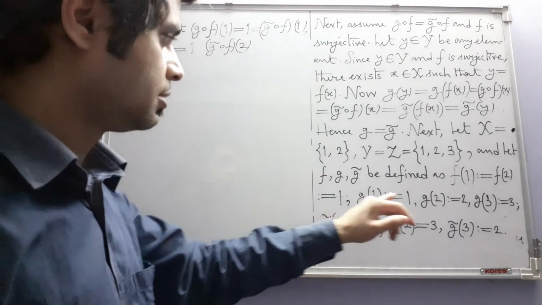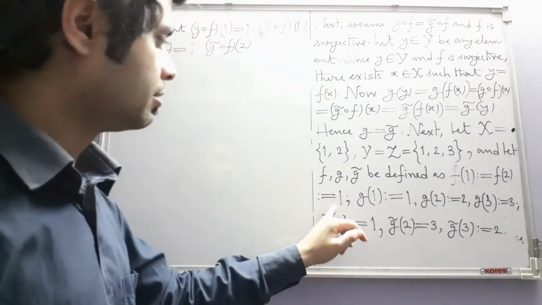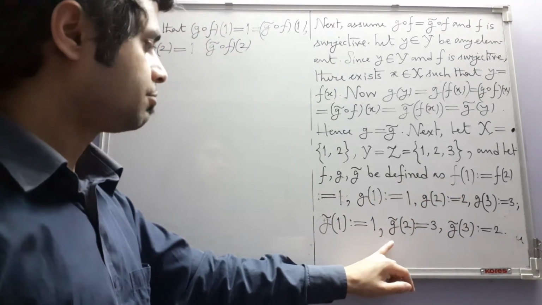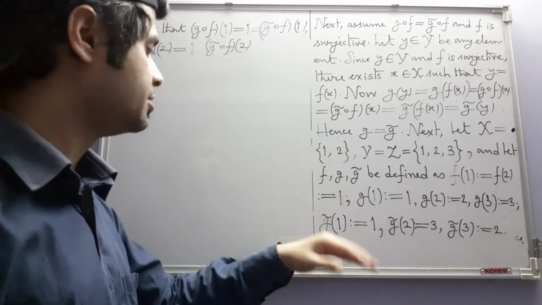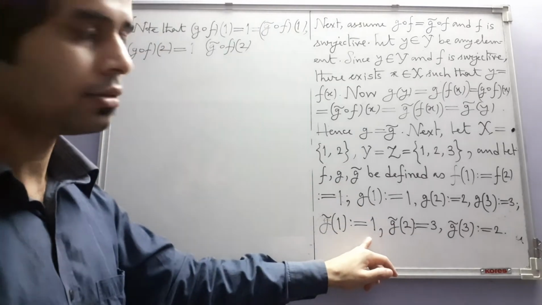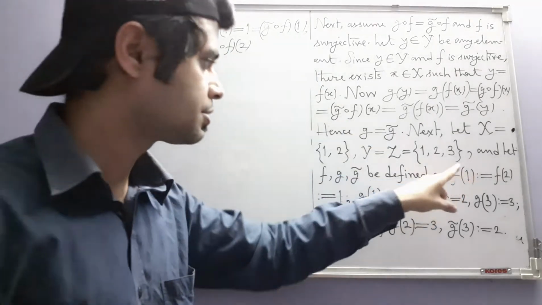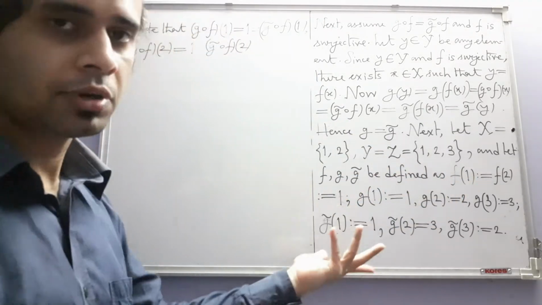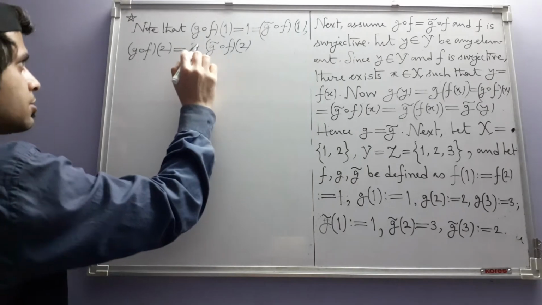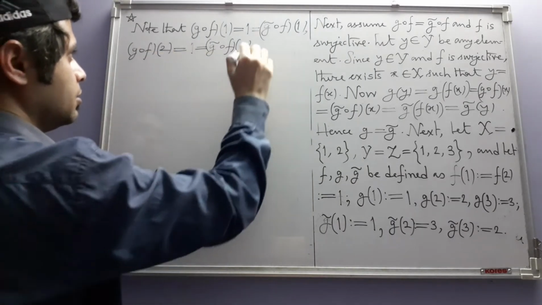What about this? F of 2 is 1 and g tilde of 2, g tilde of 1 is 1. You see, although we have 2 here, f of 2 is still 1 and g tilde of 1 is anyway 1. So these two are equal.